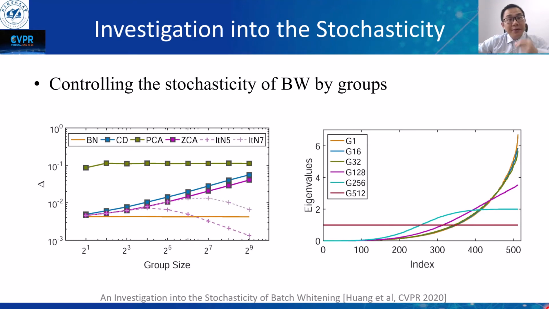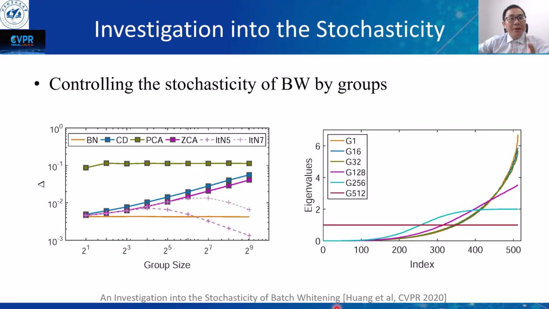In the previous slides, we showed one can use the group-based method to control the magnitude of batch whitening. Here, we show that this group-based whitening method can be well used to control the stochasticity and to trade off the improved conditioning and the introduced stochasticity of whitening.